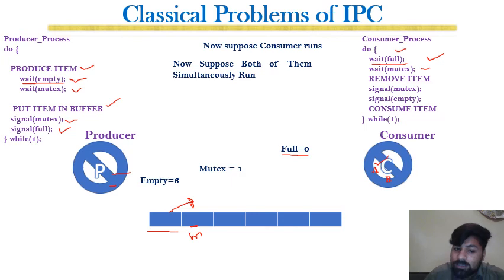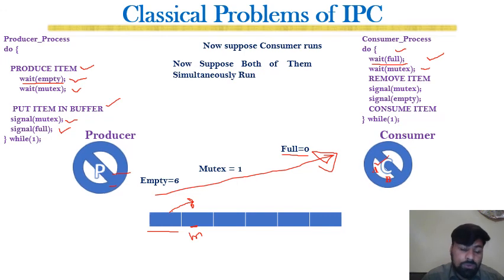Now you can see that at this moment we are exactly at the values that we had at the start of these processes. So this is how the producer consumer problem is controlled using counting semaphore as well as binary semaphore.